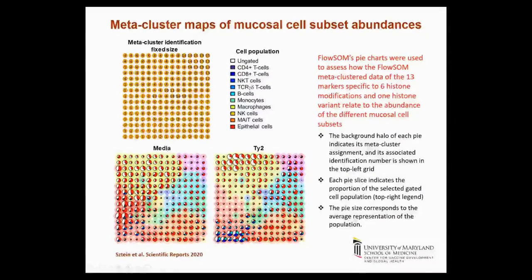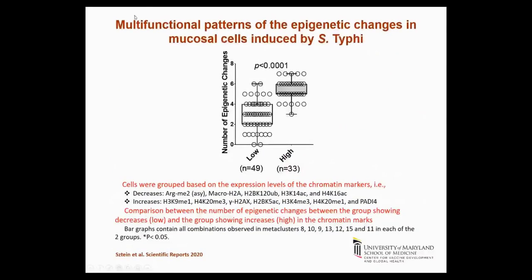But you can look at this area and compare in the presence of Salmonella Typhi versus the same area in the absence of Salmonella Typhi. And we are continuing these studies by looking into further detail at these differences in the absence or the presence of Salmonella Typhi.